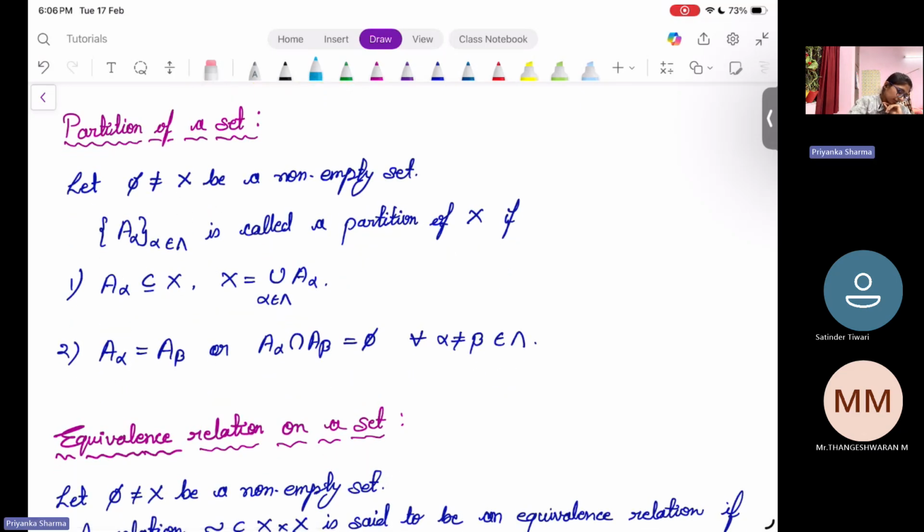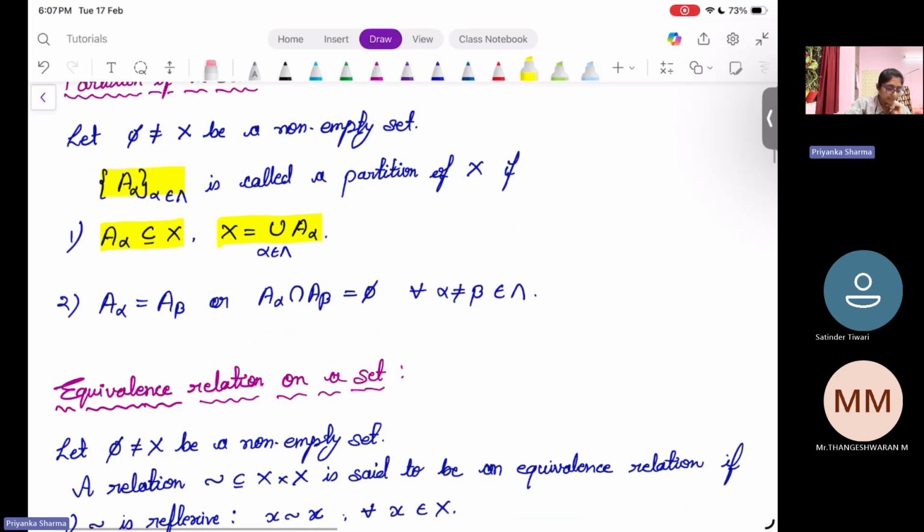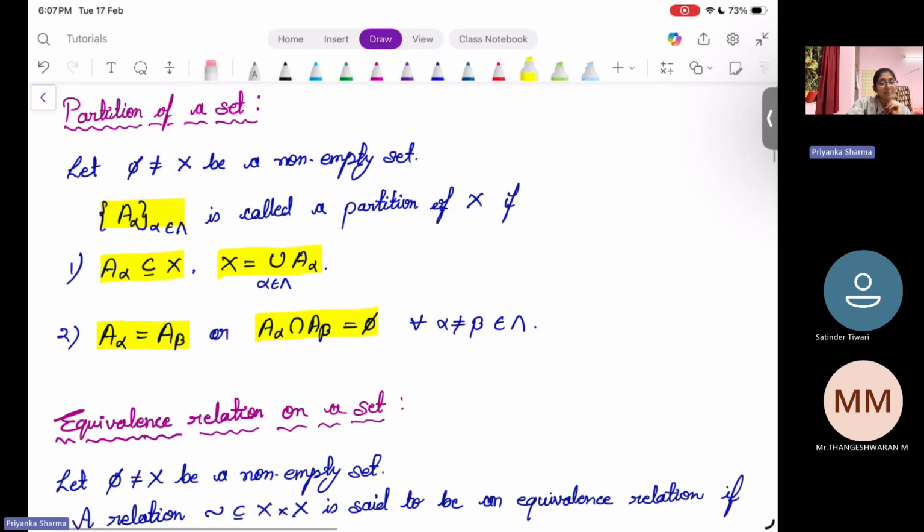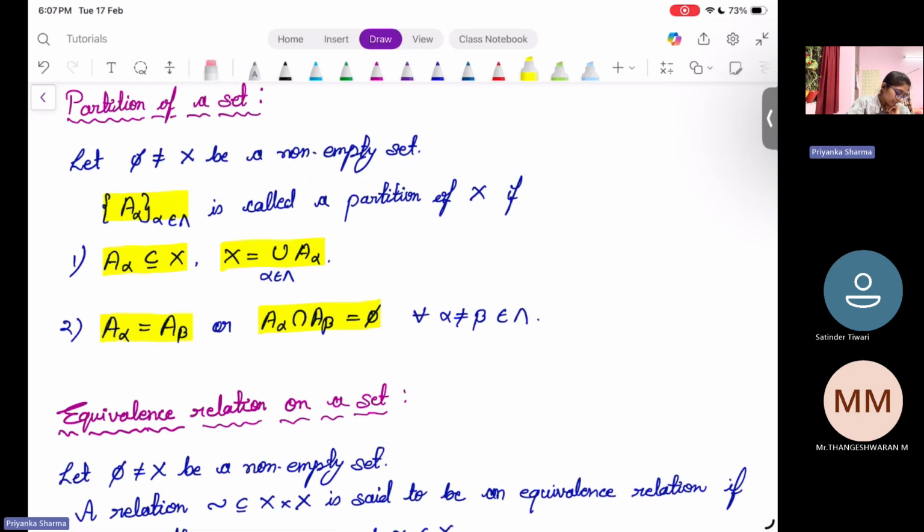Then the collection of sets A alpha will form a partition of X if each A alpha is a subset of X and the union gives us the whole set X. And we also need this property: either two elements from this collection are identical or they are disjoint. Then we say that the collection A alpha forms a partition of X.